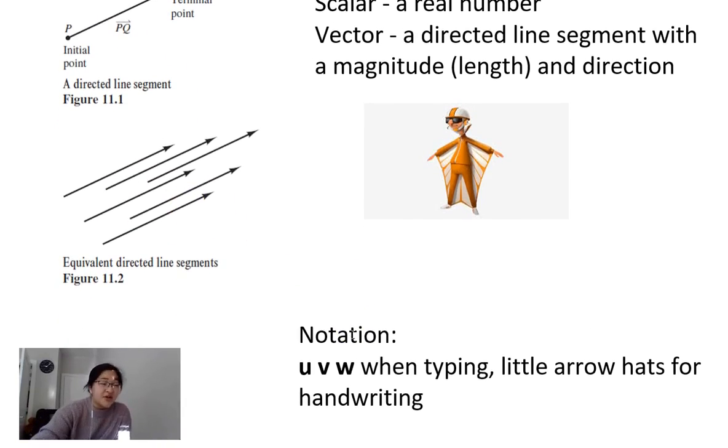When we're writing vectors, there are a lot of different notations. But in general, if you're reading something that's bold, so these are all bolded, then that shows a vector. If you are looking at handwriting, then you give a little arrow on the top for vector u, vector v, and vector w.